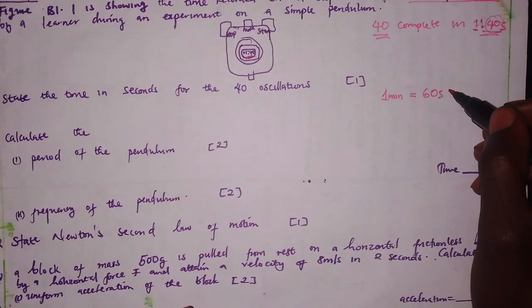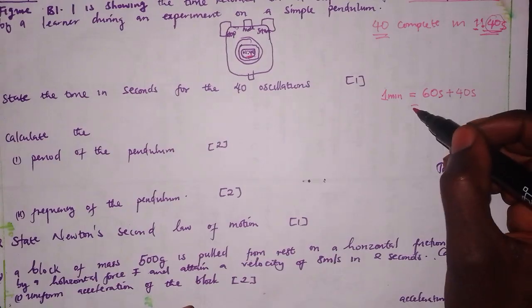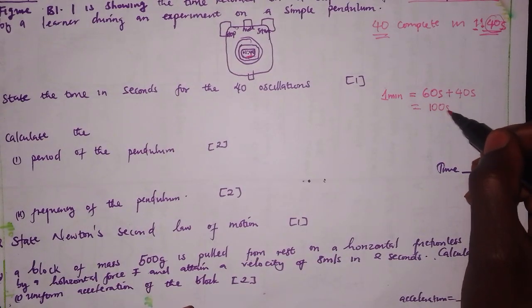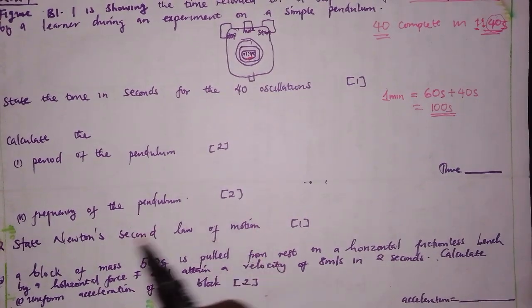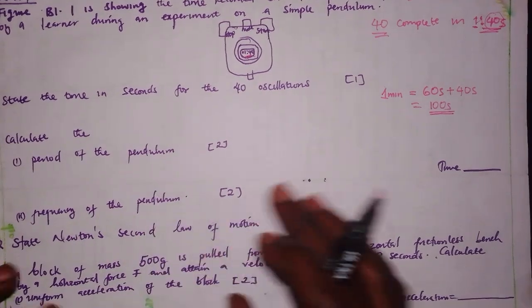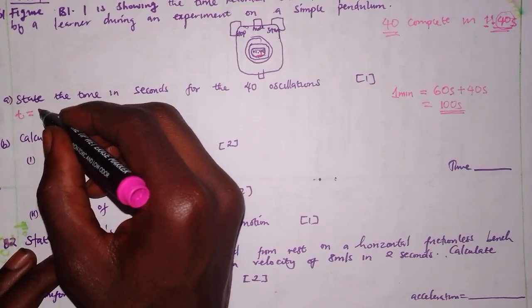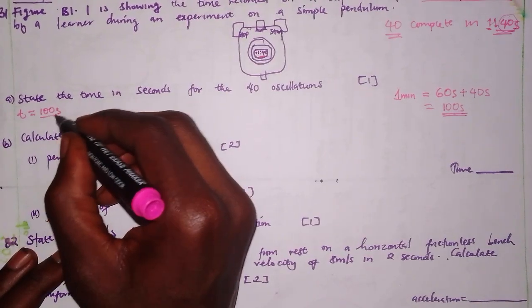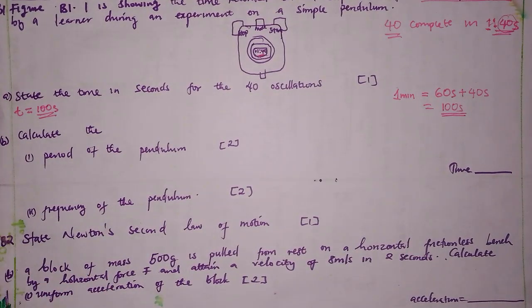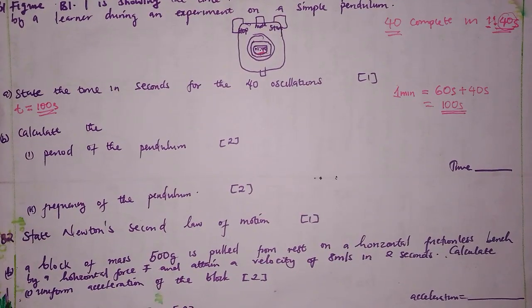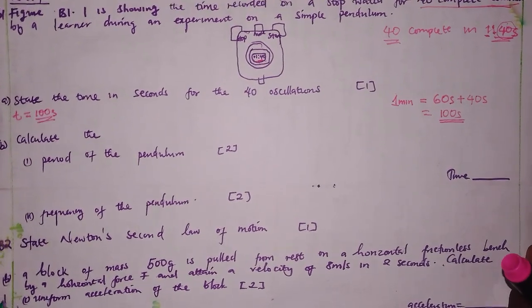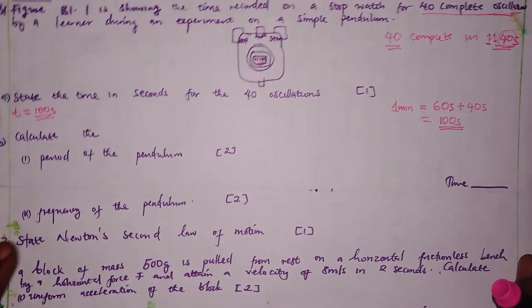So you say 60 seconds plus 40 seconds, which will give us what? 100 seconds. So our first answer is 100 seconds. So remember, in physics units are very important. Whenever you are calculating, don't forget to indicate the correct units.